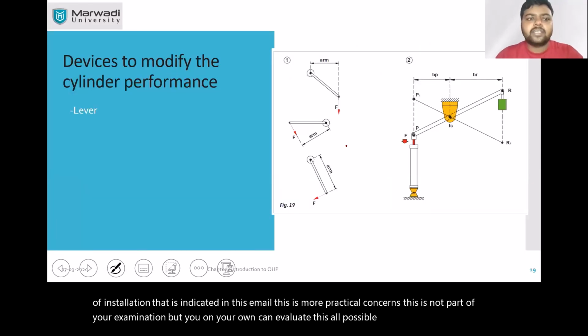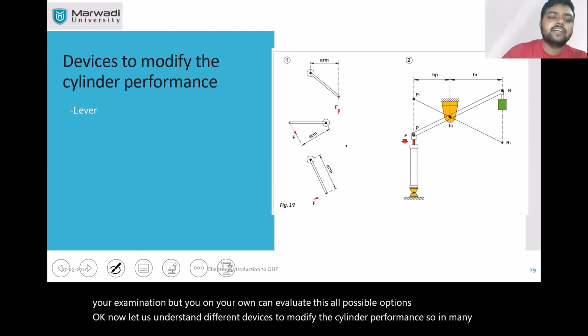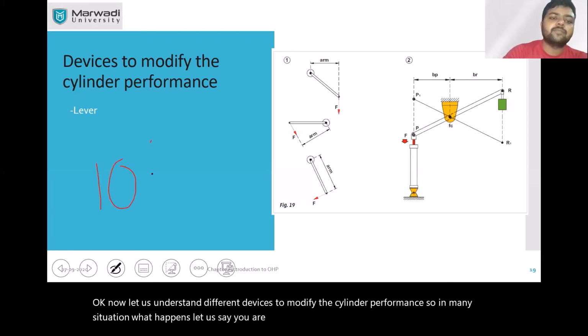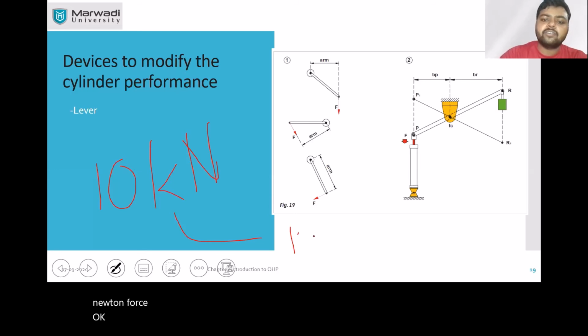Now let us understand different devices to modify the cylinder performance. In many situations, let us say you have a cylinder which can produce a 10 kilonewton force, and your actual force requirement is 12 kilonewton.